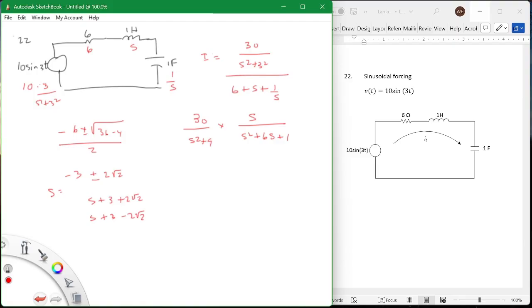Any questions so far? Now, what's the hard part? The equation would be 30 over s squared plus 9. How do you split this up?